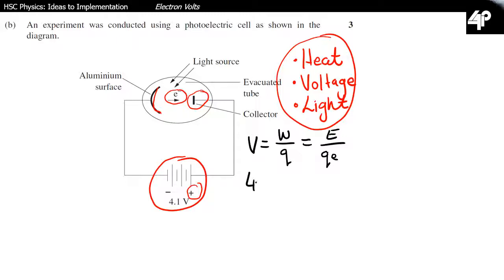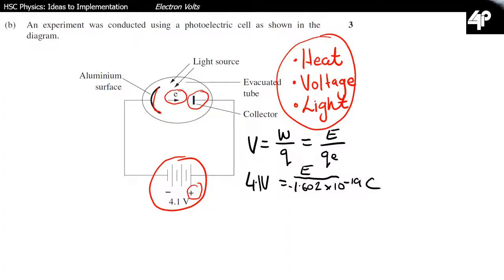Okay, so let's substitute in here. I have 4.1 volts equal to the energy over Qe, the charge on the electron, negative 1.602 times 10 to the negative 19 coulombs.